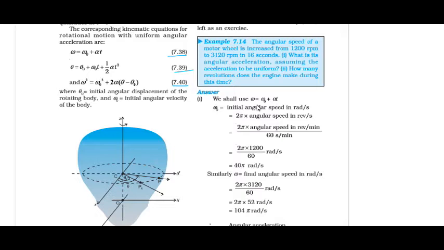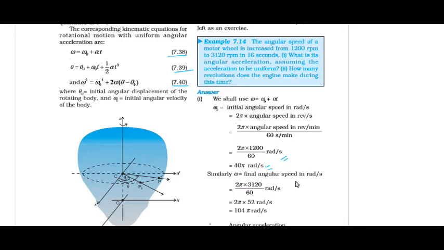We shall use omega is equal to omega naught plus alpha t. Omega naught is the initial angular speed in radian per second, which is equal to 2 pi times the angular speed in revolution per second, that is 2 pi times the angular speed in revolution per minute, divided by 60 seconds. We converted it into 60 seconds, and ultimately we got 2 pi times 1200 upon 60 radian per second, that is, upon solving, we get 40 pi radian per second.